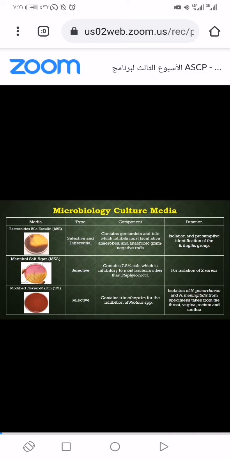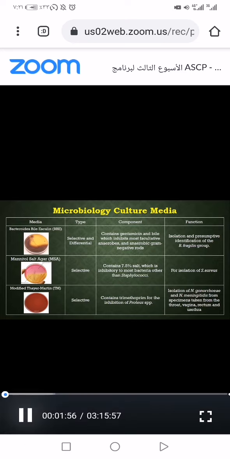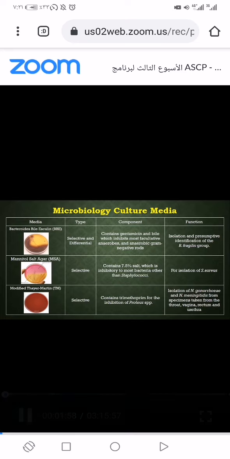Okay, then the modified Martin. Modified Martin is similar to chocolate. It's also here for recovery of Neisseria. As we mentioned, chocolate also recovers Neisseria. But what's the difference between the chocolate and the Martin? The Martin contains antimicrobials to suppress the other organisms that we don't need.